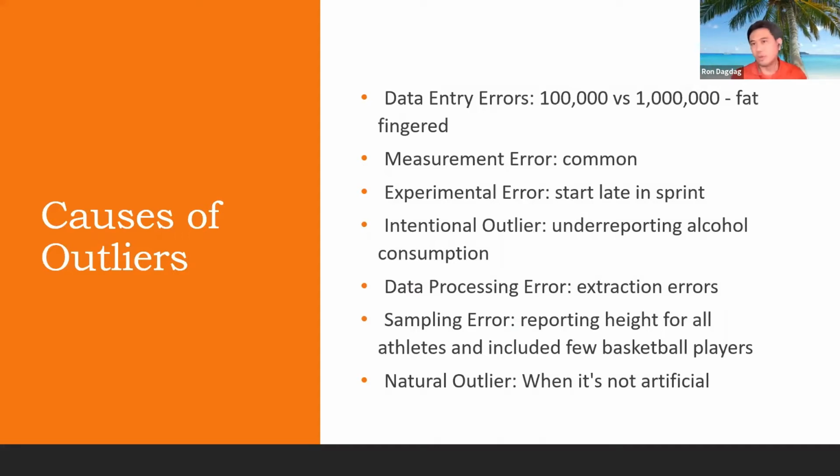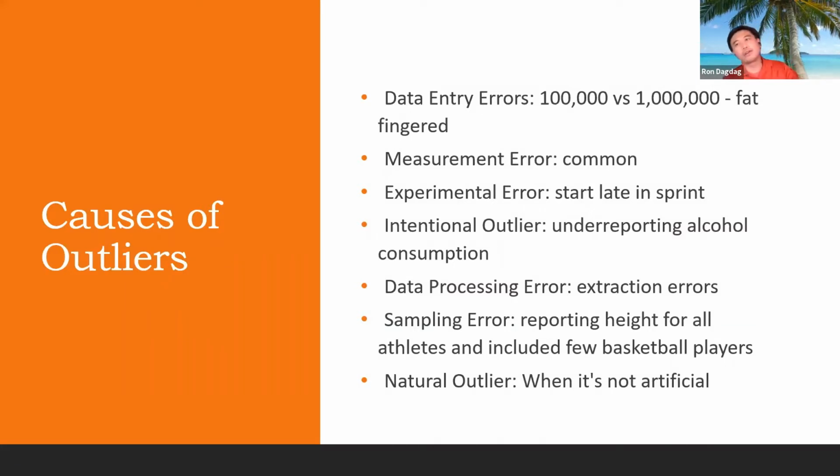So that would skew and would cause lots of outliers. Intentional outlier, a good example of that is underreporting alcohol consumption. If you ask teenage kids if they drink alcohol, you'll know that there will be outliers in your data.